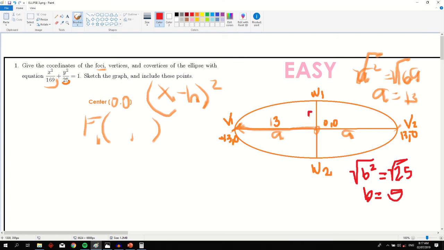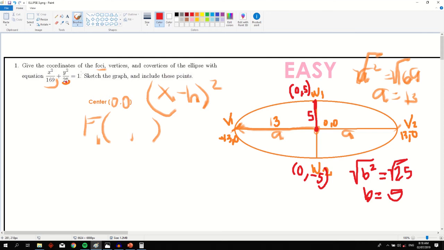From the center upward is 5, so we have this as (0, 5), and here is (0, -5).